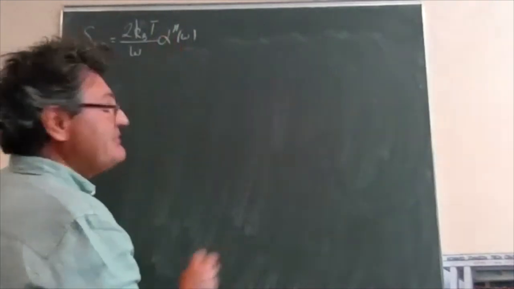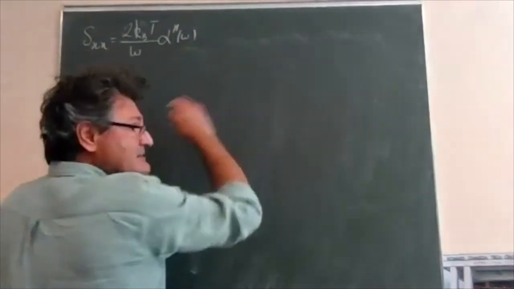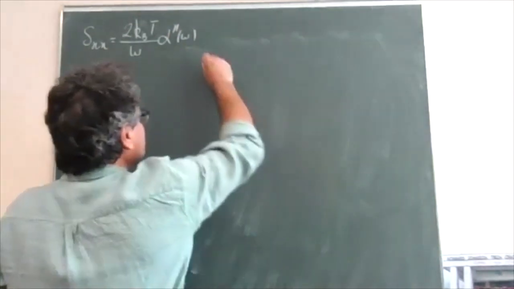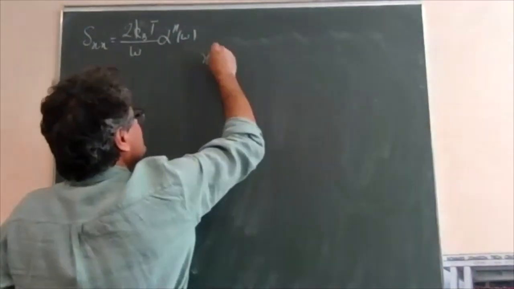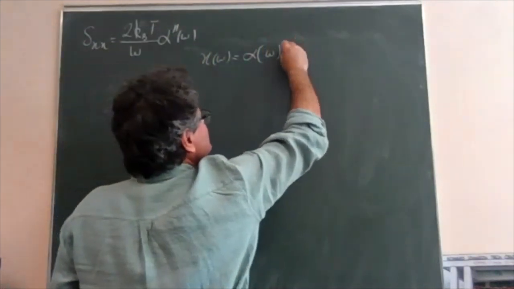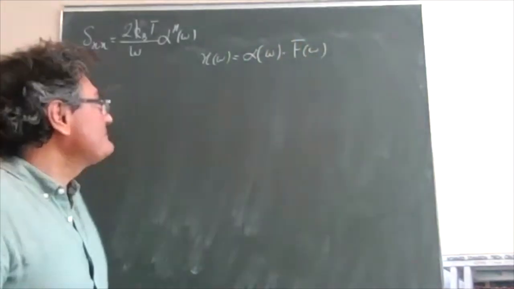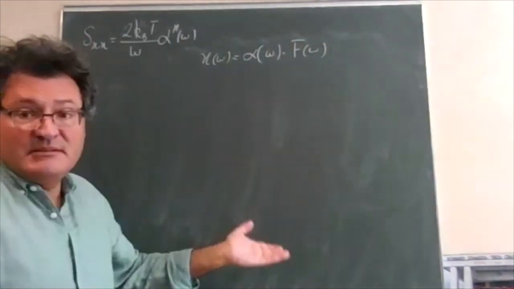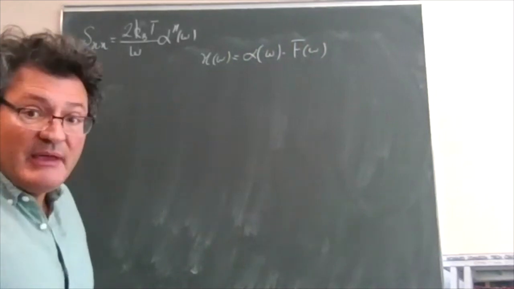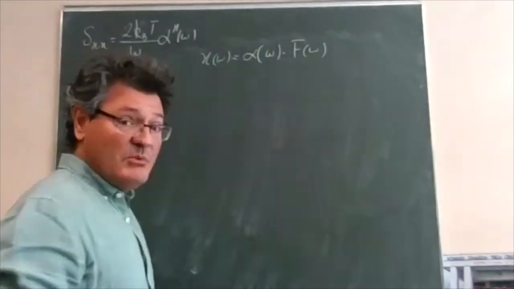So I said that the definition of the susceptibility function in the frequency domain is the function that relates the response to the excitation. So it means that x of omega is alpha of omega times f of omega. Well, this is a simple function in the frequency domain. In the time domain, this corresponds to something that is a bit more complex.